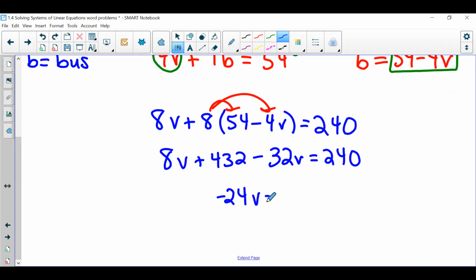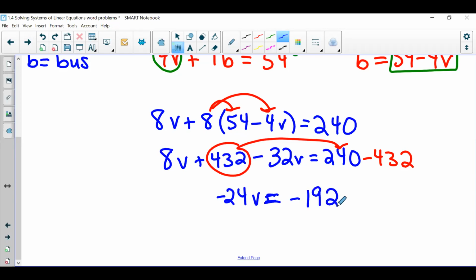And then wait, no, we haven't done 432 yet. You could just move it over: equals 240 subtract 432, which would be negative 192.